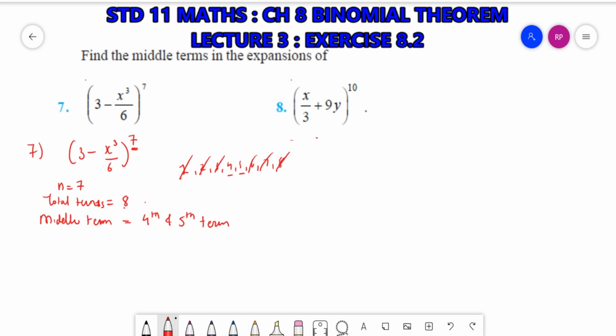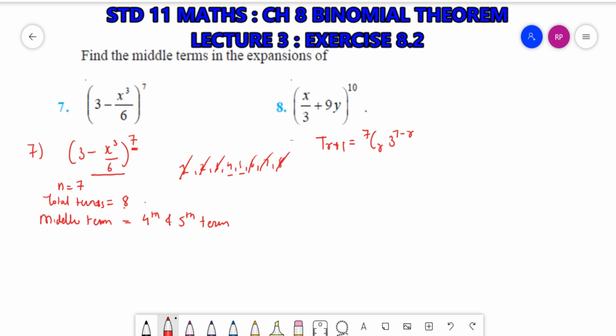Okay. So first the general formula TR plus 1 will be equal to NCR. What is N? 7. 7CR, A raised to 7 minus R means 3 raised to 7 minus R. And what is our B?